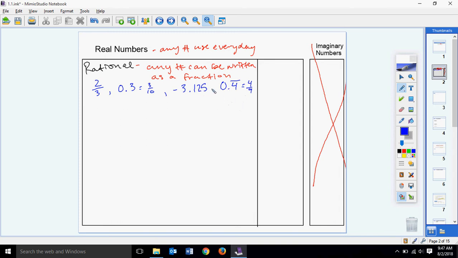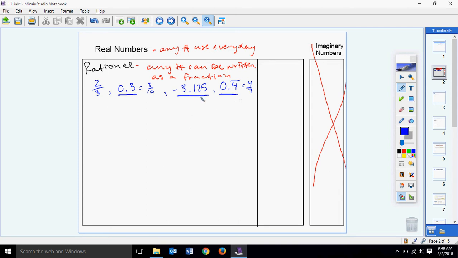Okay, so a couple things that I notice about this group of numbers is I notice that it can be negative. Okay, it can be a decimal. It can be a positive number. It can be a fraction. And specifically looking at the decimal numbers, I have 0.3, negative 3.125, and I have 0.4 repeating.